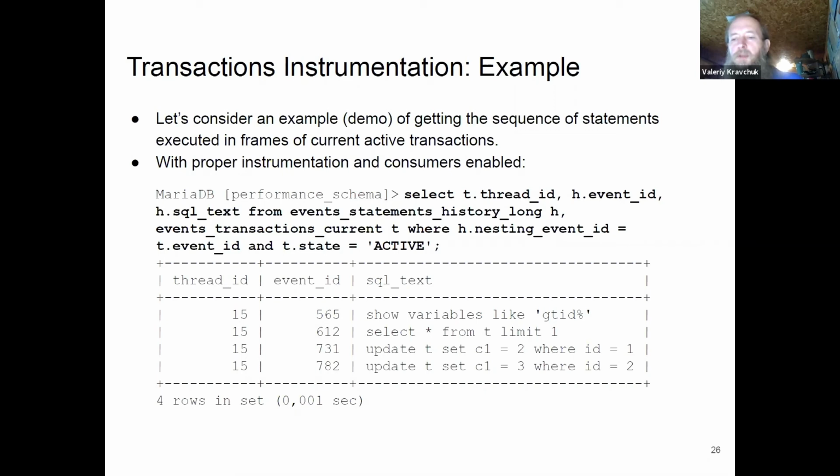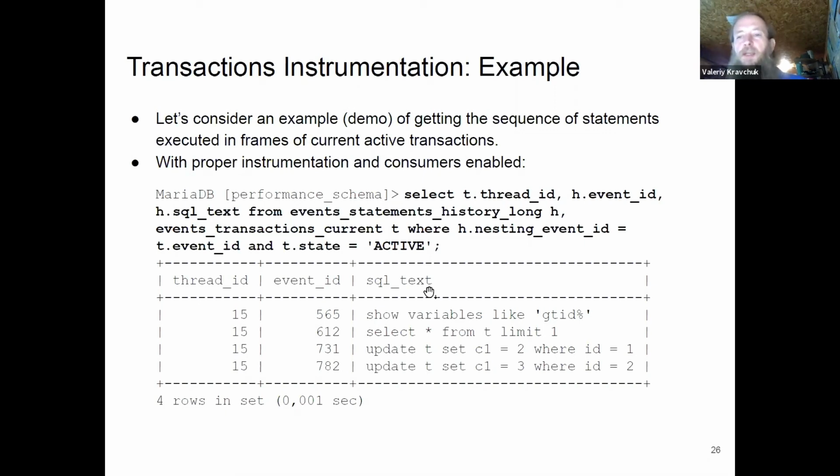This current statement does not explain the locks set. How can I find out what statements were executed previously? For this, we have events statements history long in the performance schema, if it's enabled. But it was not that easy to split the sequence of statements in a specific connection by transactions. Now you can do that.